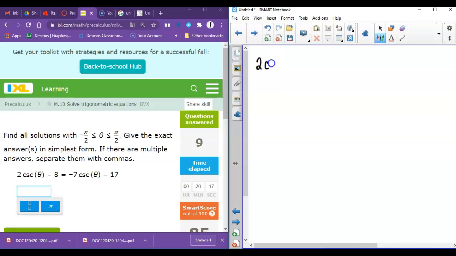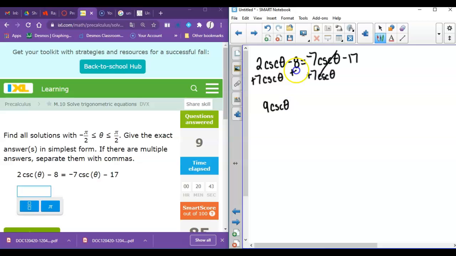So we've got 2 cosecant of theta minus 8 equals negative 7 cosecant of theta minus 17. We would need to solve for the cosecant first. So we could add 7 cosecant theta to both sides, and that would give us 9 cosecant theta.